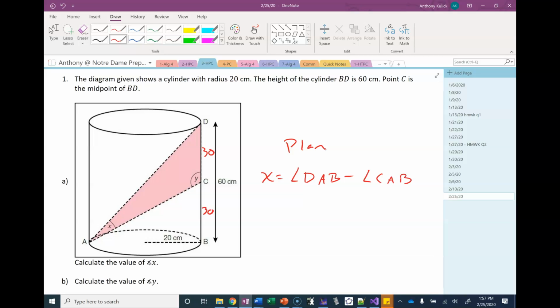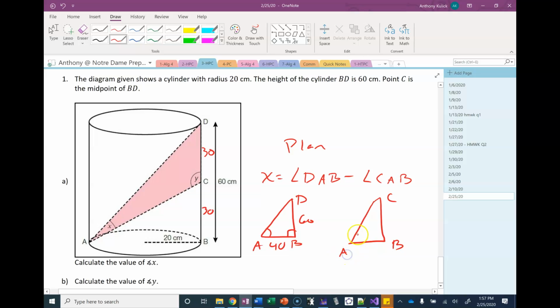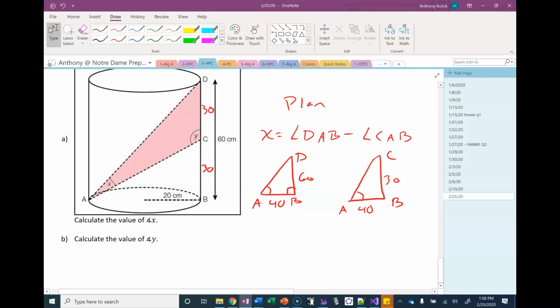The advantage there is that DAB is a right triangle. So I can find that pretty easily. And similarly, CAB is also a right triangle. So I can find that pretty easily. So we have the tan inverse of 60 over 40.